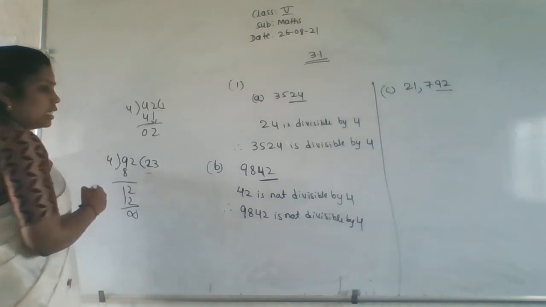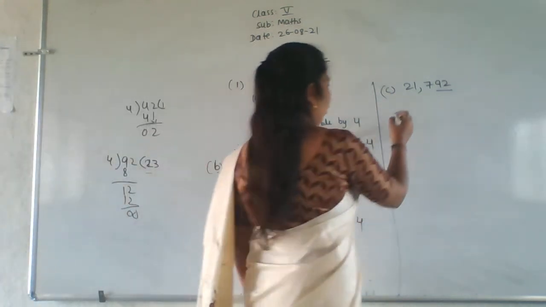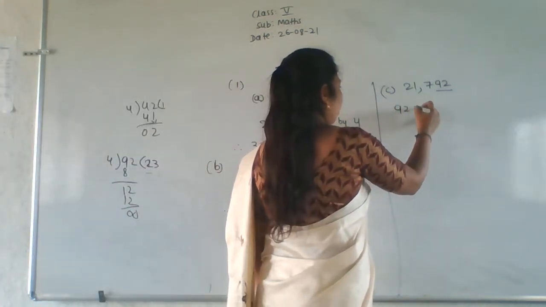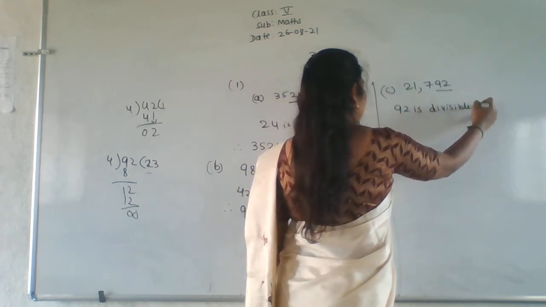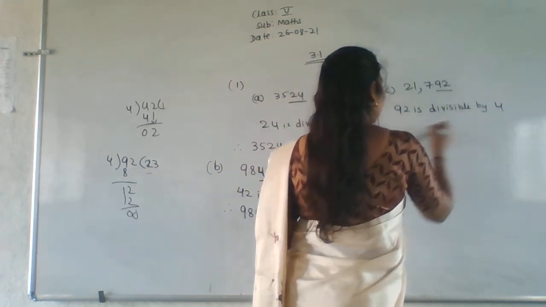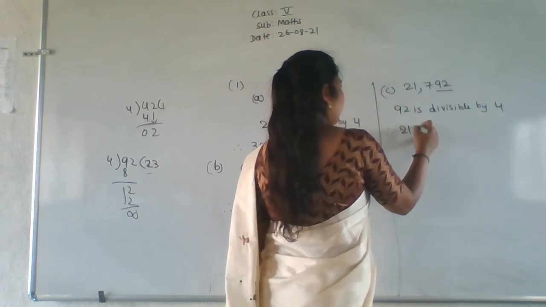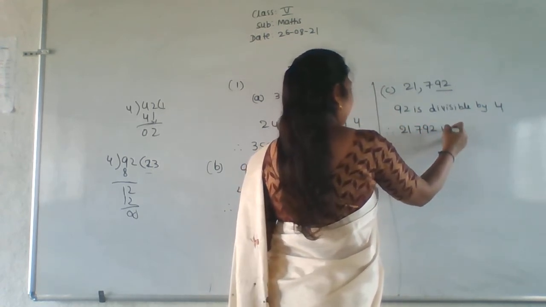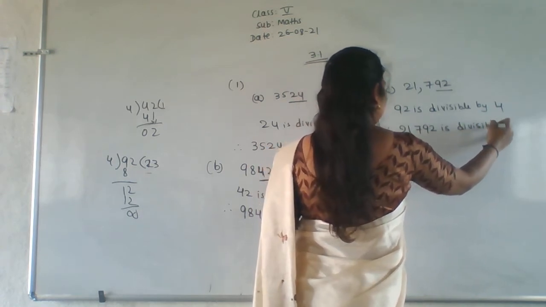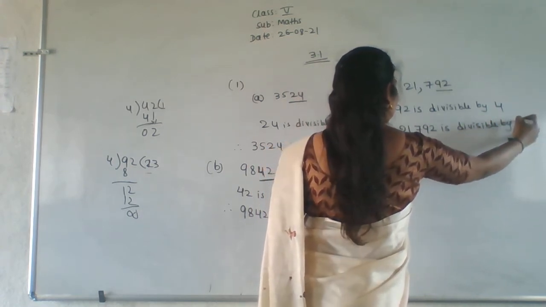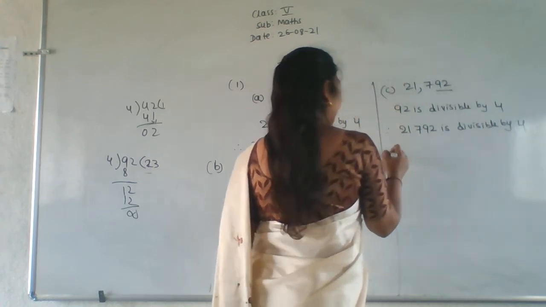So it is divisible by 4. 92 is divisible by 4. Therefore, 21,792 is divisible by 4. Like that you have to write.